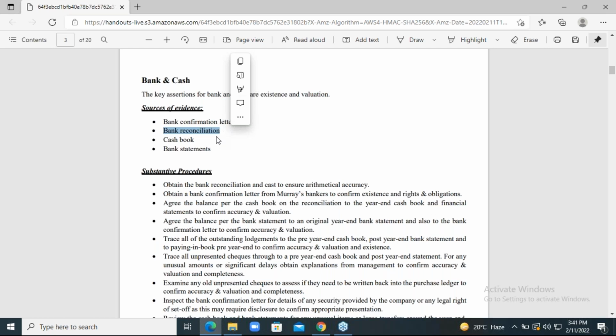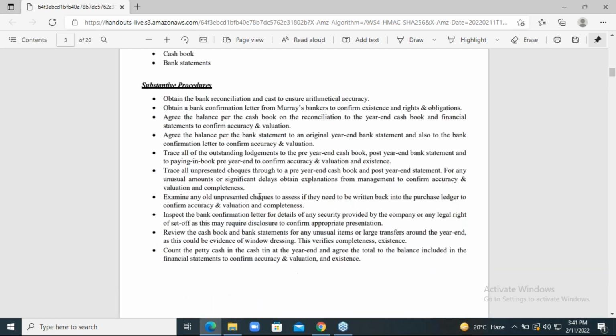And most of the audit procedures you would see that they would relate with the bank reconciliation. And bank confirmation letter is sent to different sorts of banks to confirm the existence and completeness and rights and obligation assertion.